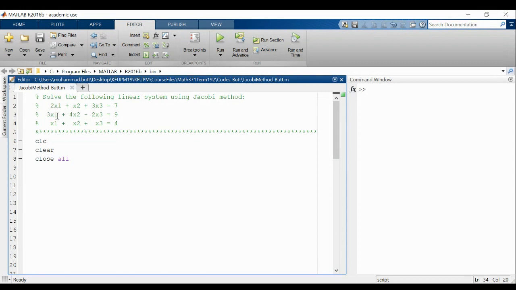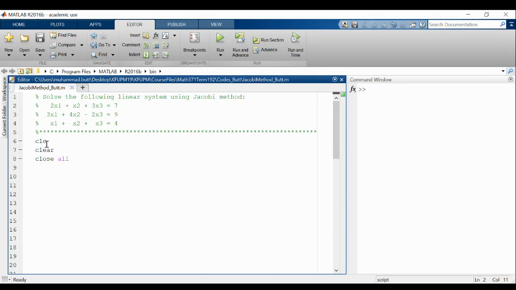The absolute value of this 2 must be greater than or equal to the sum of the rest of the coefficients, meaning these coefficients 1 and 3. The first row is not diagonally dominant, and the second is not either. So in principle, this system is not diagonally dominant, so we cannot guarantee convergence. But since it is given, we have to check what the solution is.